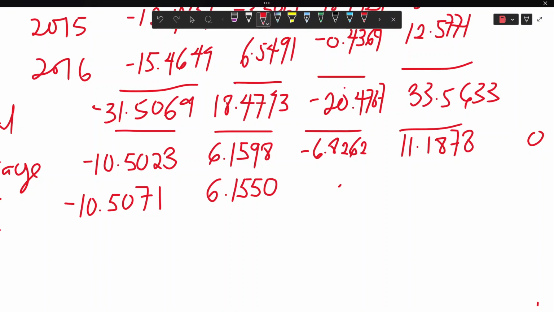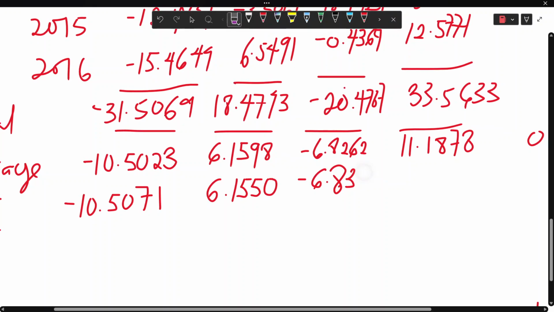Next one is -6.8262 minus 0.004775, giving -6.8310.